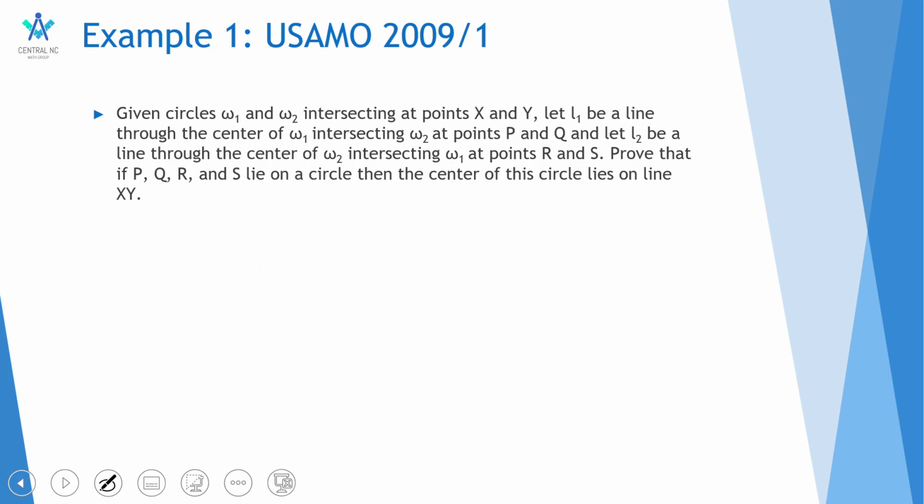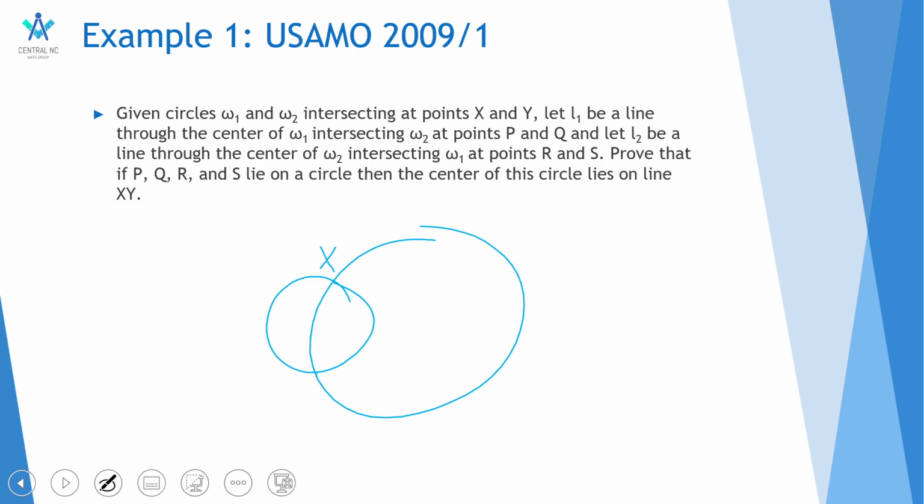Given circles omega 1 and omega 2 intersecting at points X and Y, let L1 be a line. Before we get started, I'm going to draw a rough diagram because normally that's what I like to do. I like to freehand a diagram while I'm reading the problem just to get an idea of what's going on. So I'll draw two very rough circles.